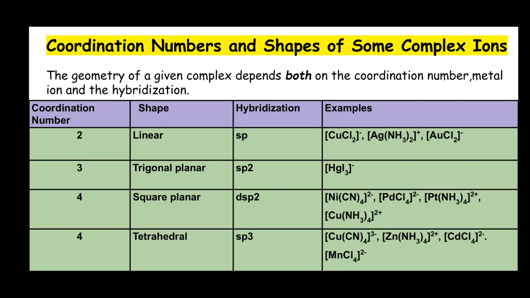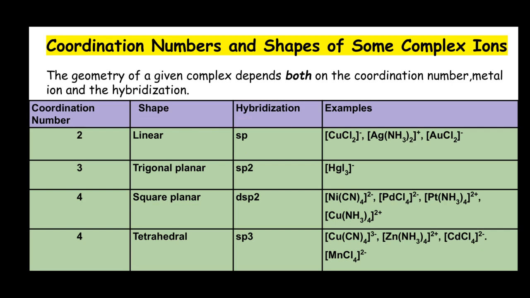Here in this table, complexes of different geometries or shapes with different hybridization are given. In linear complexes, because there are only two hybrid orbitals, two ligands are bonded to the central metal atom.